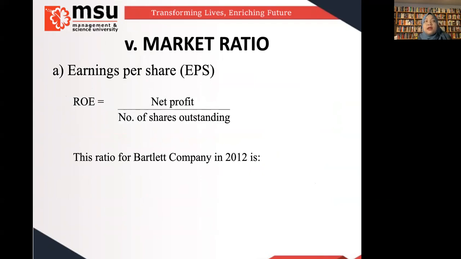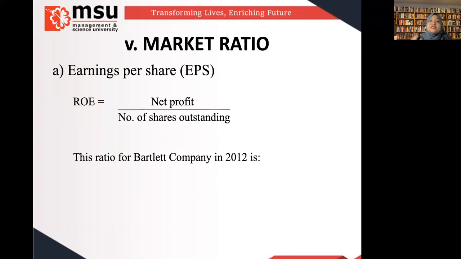So usually in market ratio, when you look at the financial statement reported in the annual report, earning per share is already given. So basically, you need to find the number of shares outstanding lah. Because the number of shares outstanding will not be stated usually, but sometimes they show it.